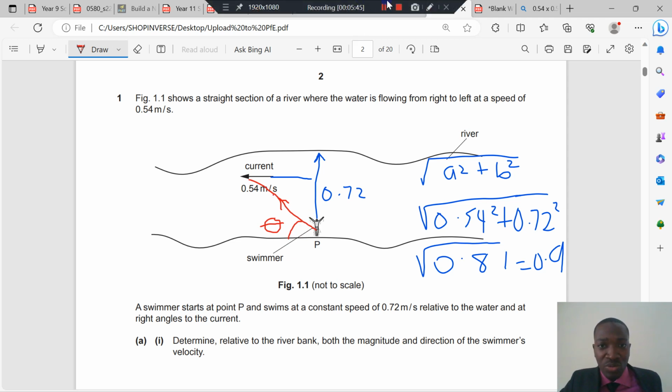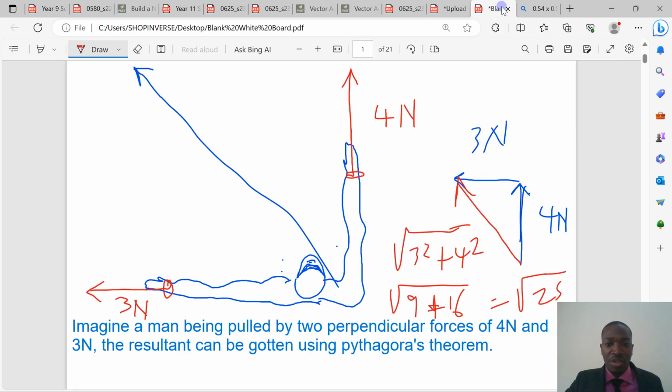How will you get that? We use the sine rule. Sine theta will be what? Opposite, that's this length here, over hypotenuse. This is the hypotenuse. How do you get this opposite here? This opposite here is the same thing as this 0.72 we have here. Let me just draw that shape here.